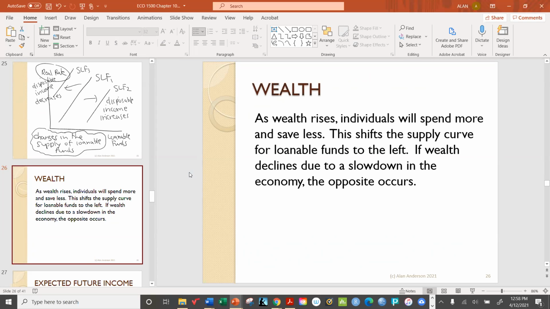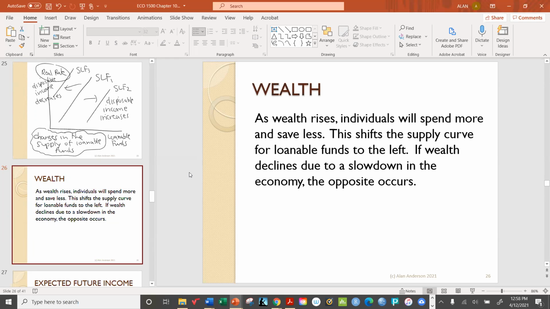Do I really need to continue saving such a large percentage? And so the book says that higher wealth actually leads people to save less. I don't know. I'm not completely convinced of that, but the book says that higher wealth reduces the supply of loanable funds because people spend more, even more than they did previously.